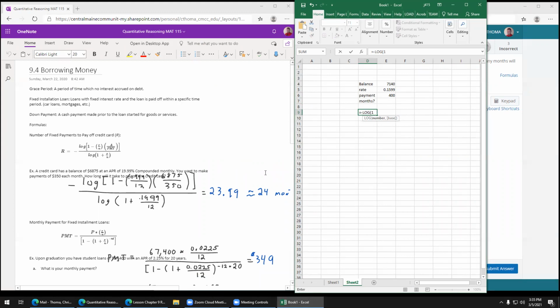So we're going to do 1 minus parentheses, the rate divided by n, right? And does it say how often it's compounded?